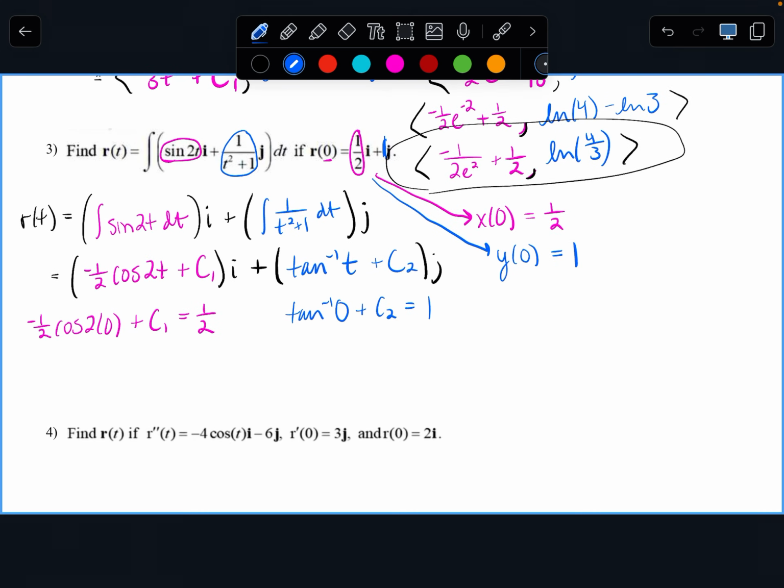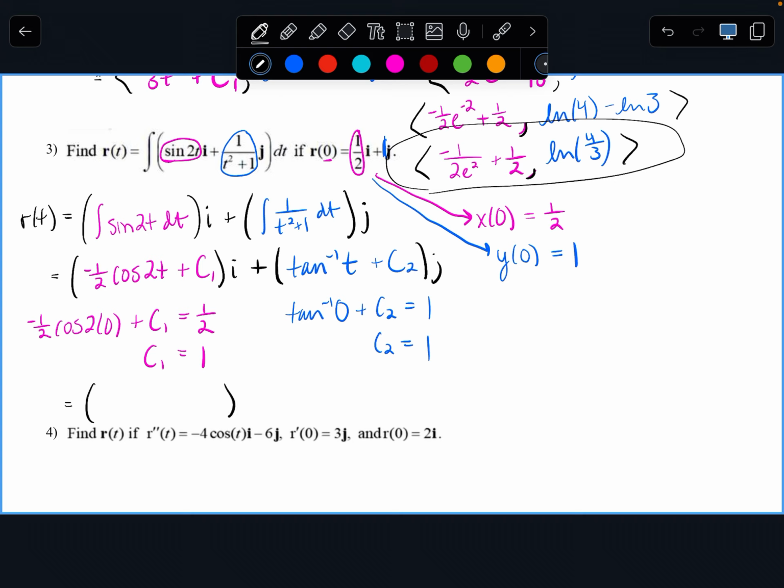So what do we get for this one? Cosine of 0 is 1, and then we add it over. So c sub 1 would be 1, because you'd add 1/2 over. And then this one's tangent of 0 is 0, so c sub 2 is also 1. Well, that's cute. Okay. So then you just re-plug it into your stuff.